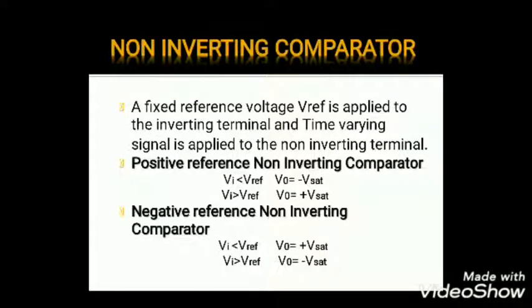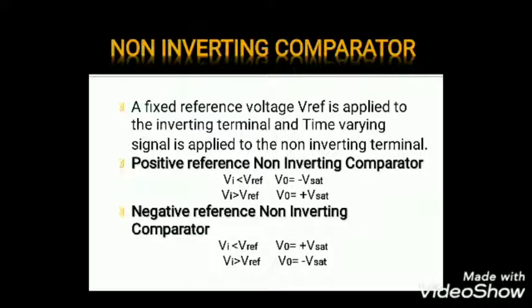In the case of the non-inverting comparator, a fixed reference voltage Vref is applied to the inverting terminal and the time varying signal is applied to the non-inverting terminal. If the positive reference voltage is applied to the inverting terminal, it is known as a positive reference non-inverting comparator. The outputs are negative saturation and positive saturation whenever the input voltage is less than the reference voltage and greater than the reference voltage, respectively.